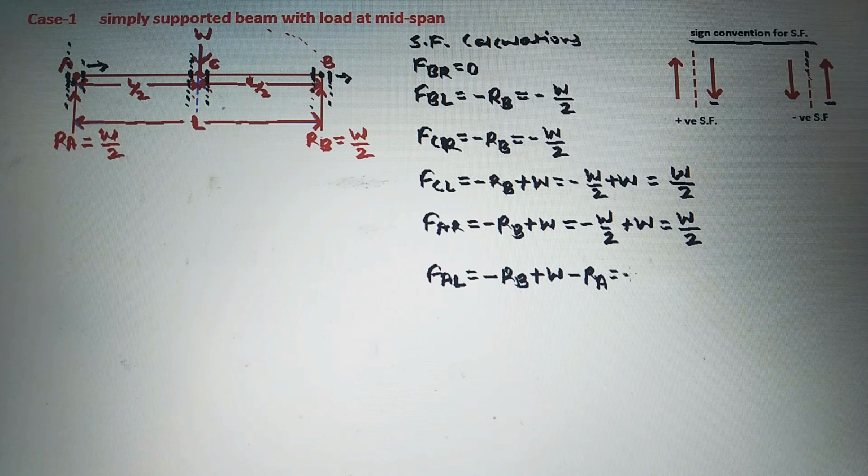Now RB is W by 2, so here minus of W by 2 plus W minus of W by 2.